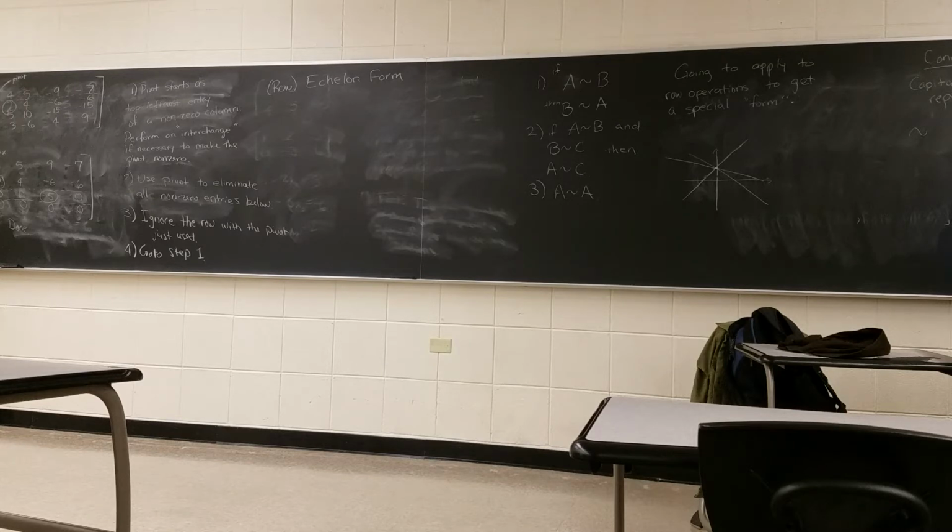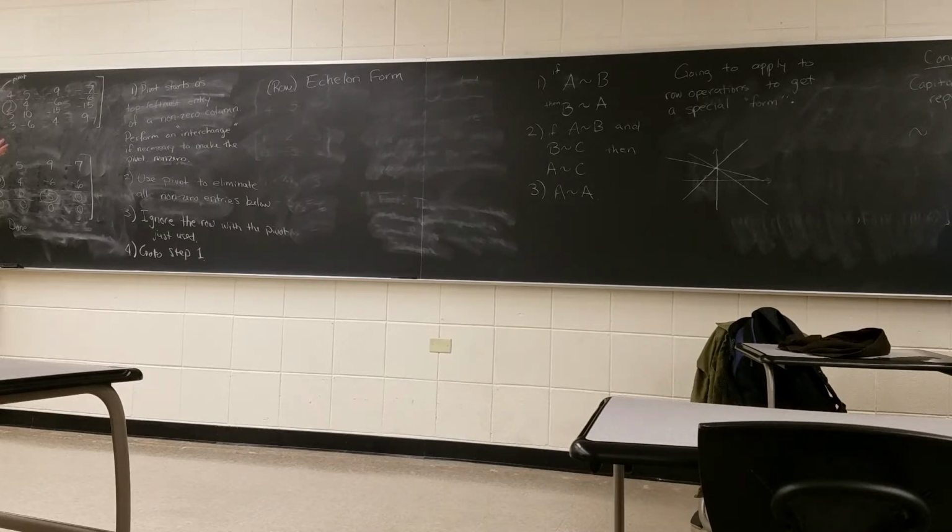Leading term. So the leading term is the first non-zero entry in each row. Okay, so this is the leading term in row 1, this is the leading term in row 2, this is the leading term in row 3. Row 4 is just a 0 row, and so we don't care about that.